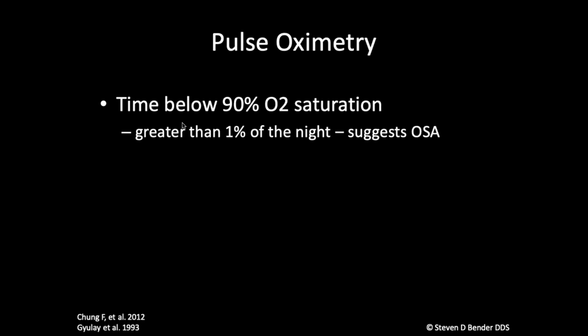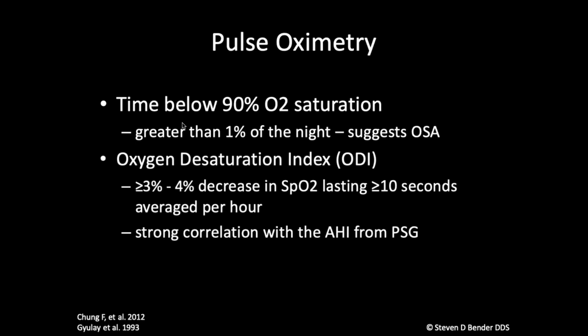On the converse of that, if we're using it as a measure of the effectiveness of our treatment, if we can get that number below 1% of the night, then we have most probably successfully treated that patient. And then the oxygen desaturation index, or ODI, sometimes just DI, is going to be, depending on your unit and your software, a 3 to 4% decrease in your oxygen concentration lasting at least 10 seconds. And then that's averaged per hour.